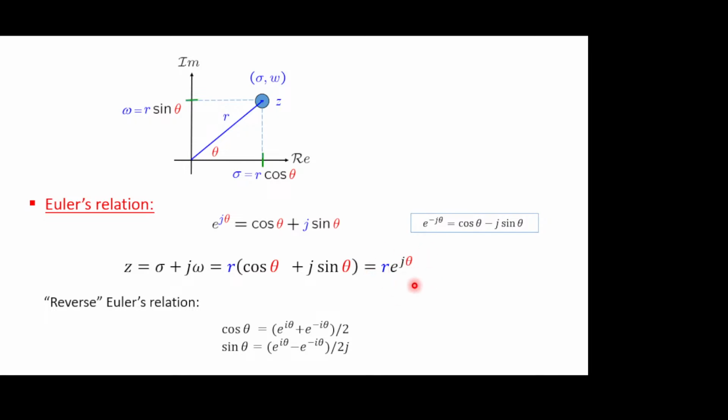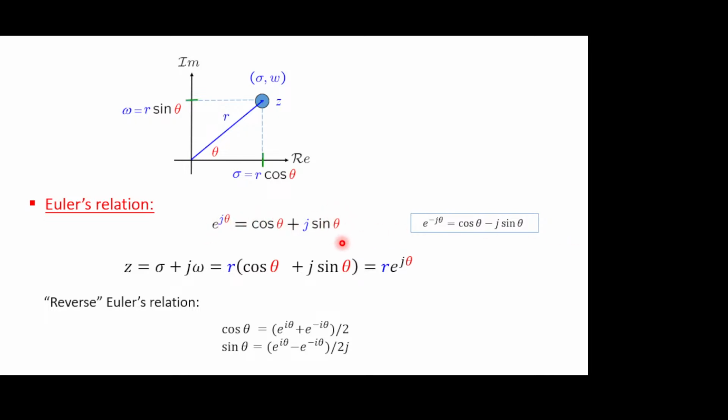And here we have another thing that we'll use today and throughout the course. It's not so much related to complex numbers, but it's a reverse of Euler's relationship. We can see Euler's relation as expressing this complex exponential, e to the j theta, as cosine theta and sine theta.